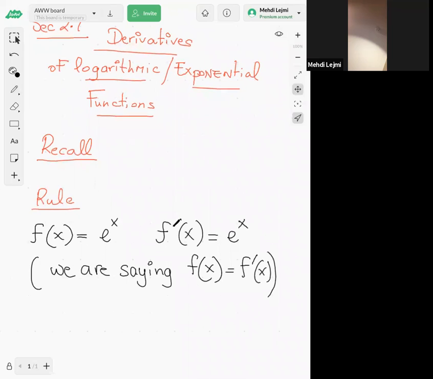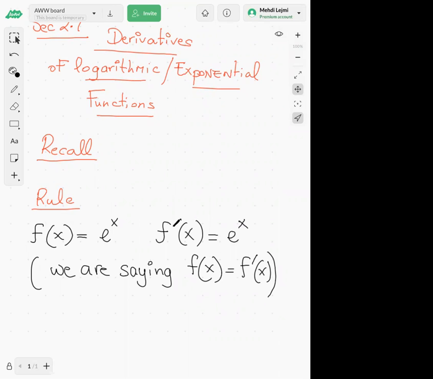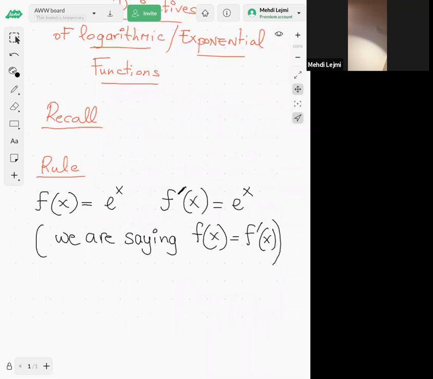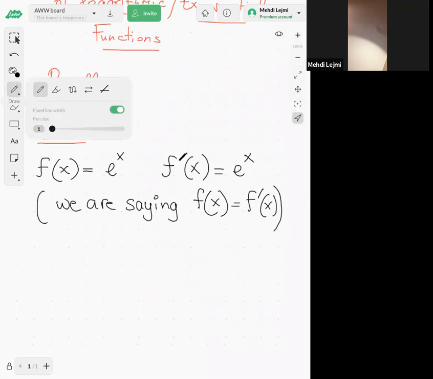Whenever you have e to the x, the derivative is just the same function, e to the x.